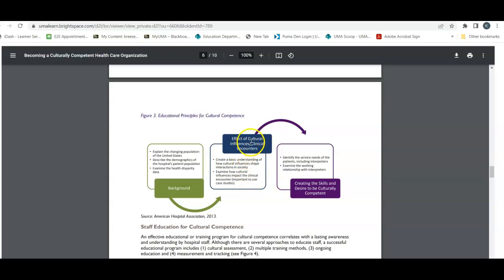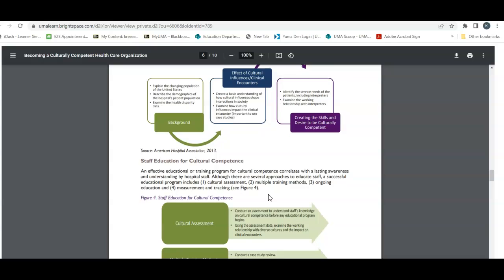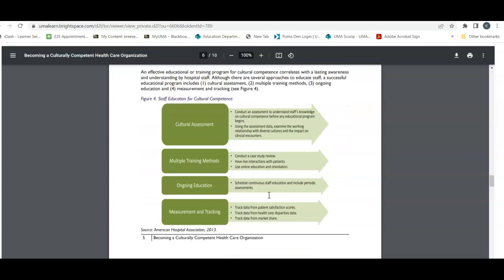And then it talks about the effect of cultural influences in clinical encounters. So just understanding what makes this culture tick, what things are different that you'll need to have your staff adjust to, so that you don't lose clients, and most of all, to make sure that the client or the patient is helped with the type of care that you are trying to provide them.